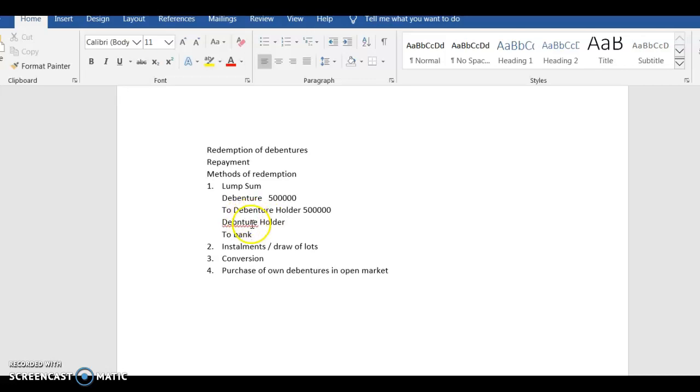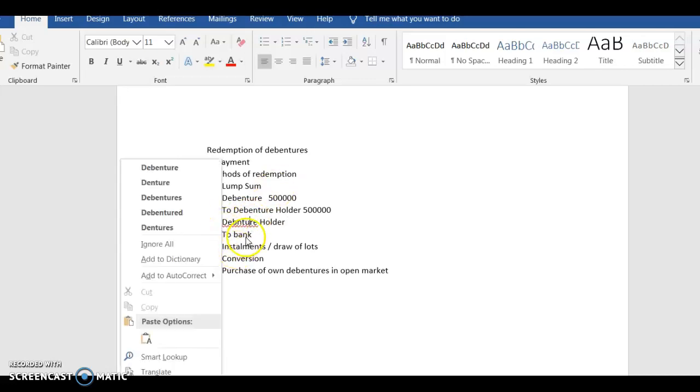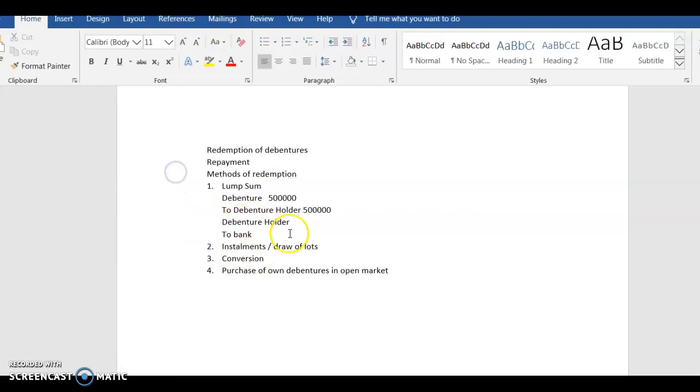Please note, this is at par redemption. It can be at premium also, and at discount, whatever may be the case.